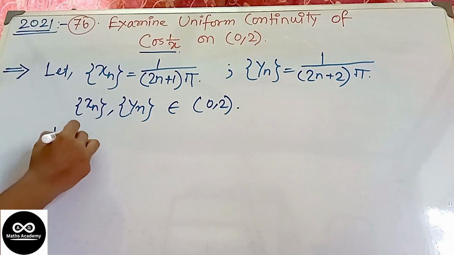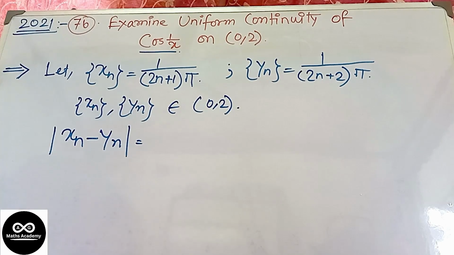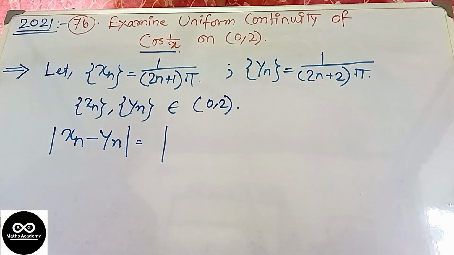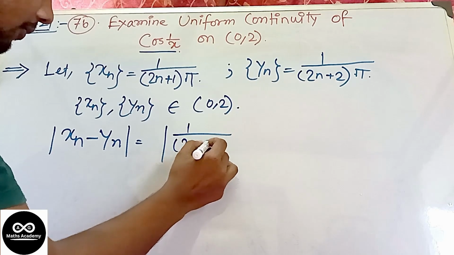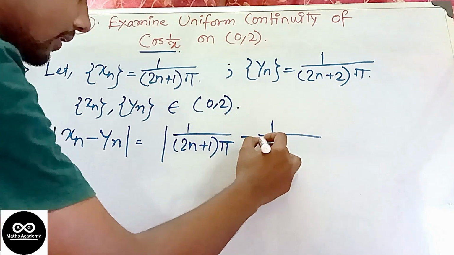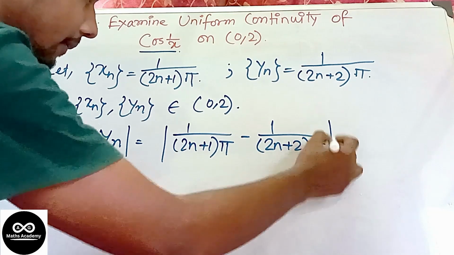Now |xn - yn| will be 1 by (2n+1)pi minus 1 by (2n+2)pi.